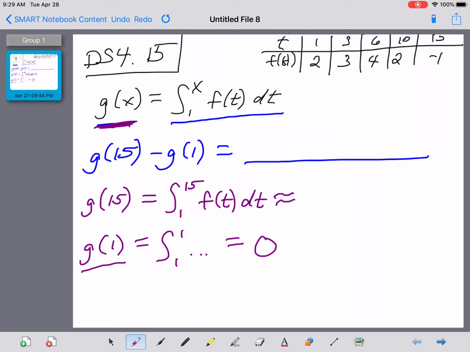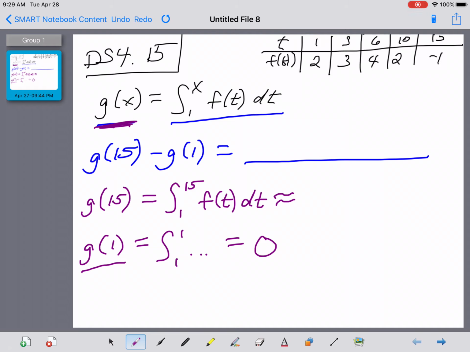So, to do a left Riemann sum, we're going to look at our first subinterval, which goes from a t-value of 1 to a t-value of 3. Because we're doing a left-hand approximation, it is the value of the function evaluated at its left endpoint that tells us the height of the rectangle.